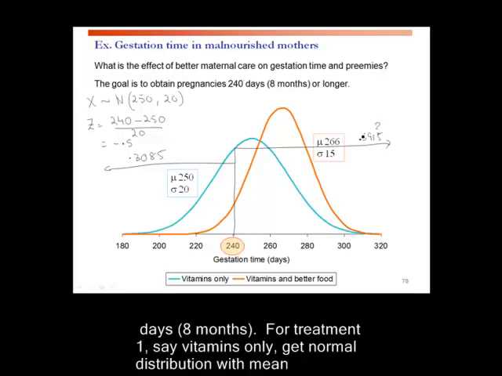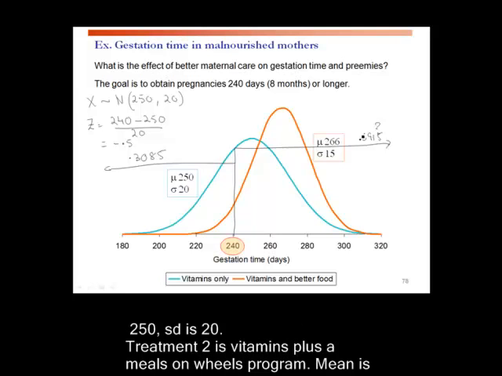The total area under the curve is 1. The table gives you the area to the left, which is 0.3085. Therefore, the area to the right is 1 minus 0.3085, which is 0.6915. So what percentage of women have a gestation period more than 240 days when they are only on vitamins? 69.15.